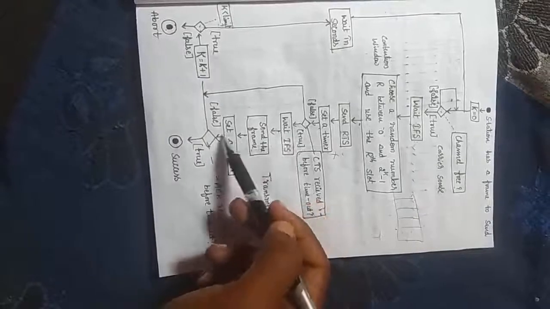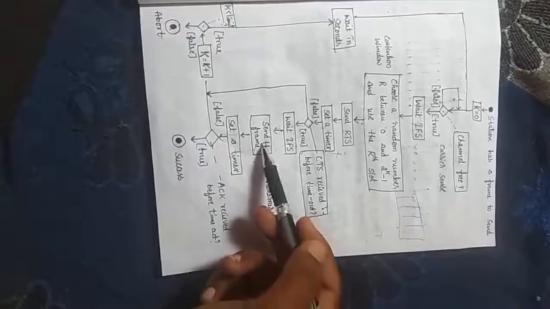It will set the timer, and the CTS must be received before the timeout, before the timer expires. If it receives the clear to send frame, it goes to the next step, that is, wait IFS and send the frame, meaning it transmits the data.